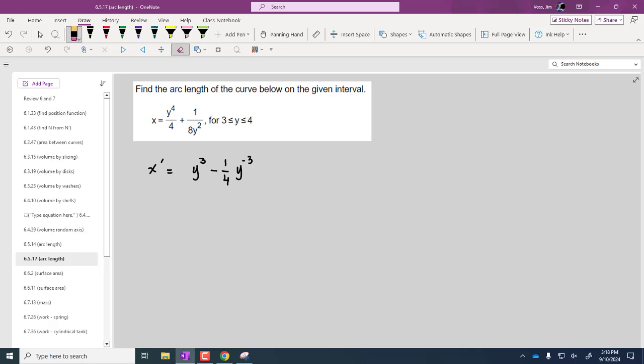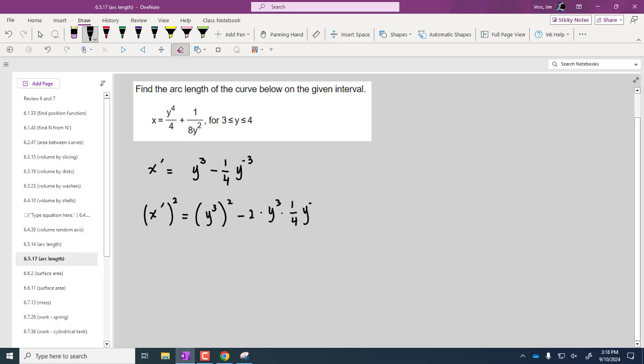And if we do the derivative squared, here's where we don't get crazy. Just leave it as a squared minus 2 times a times b plus b squared.